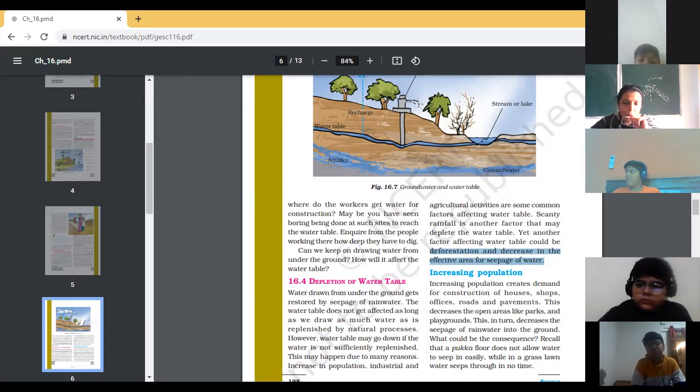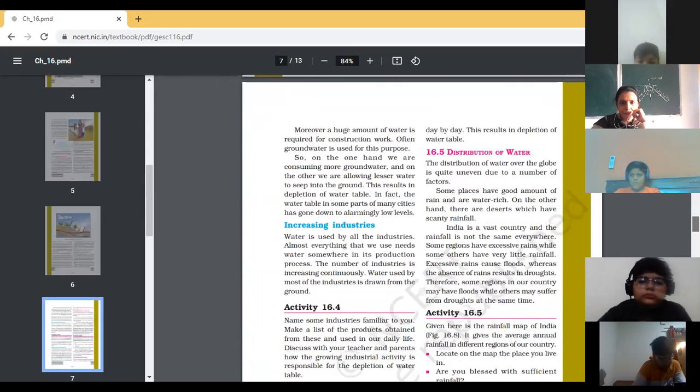He will make a house over there, or industries will be created. So what happened? The kaccha area, the grass lawn, will decrease, and then what will happen? The water seepage tendency will decrease. If you have a pucca floor all around, the water seepage tendency will decrease. If you have a grass lawn, then the water seepage tendency will increase. So in this way, the increasing population is going to affect it.